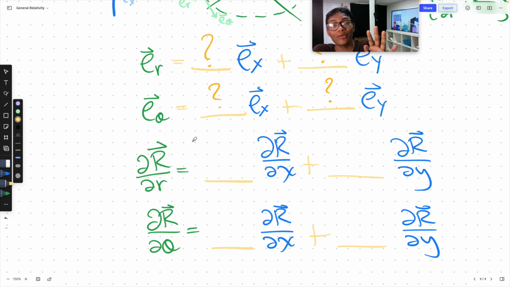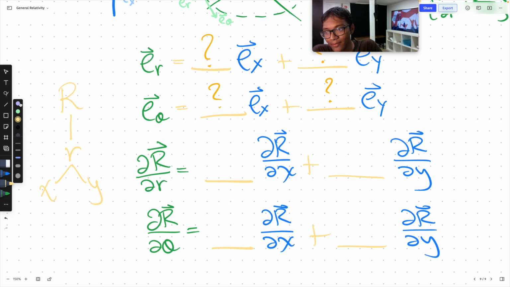What you're looking at right now is the multivariable chain rule staring you right in the face. You see, this is almost like a full derivative. Not quite, it's a partial derivative because r is a function of multiple variables. But partial r sub r, what is that really saying? That's saying how does r depend on r, but lowercase r depends on x and y. So really, what we're doing here is the multivariable chain rule.